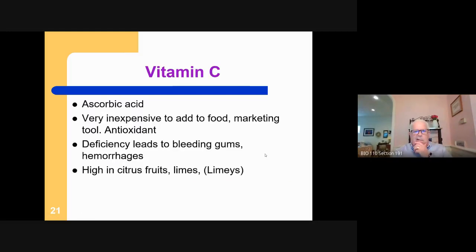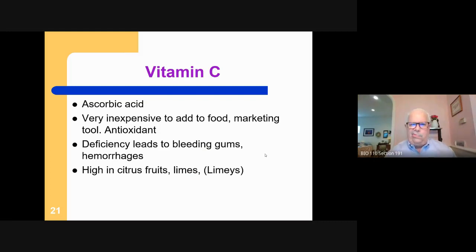Let's talk about vitamin C. Vitamin C is known as ascorbic acid. It's added to everything. Its deficiency causes bleeding gums and hemorrhages. It is found in citrus fruits, oranges, lemons, limes.